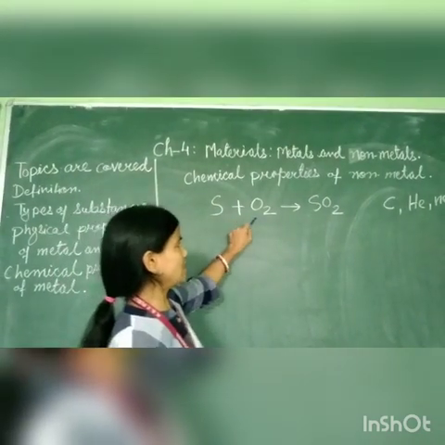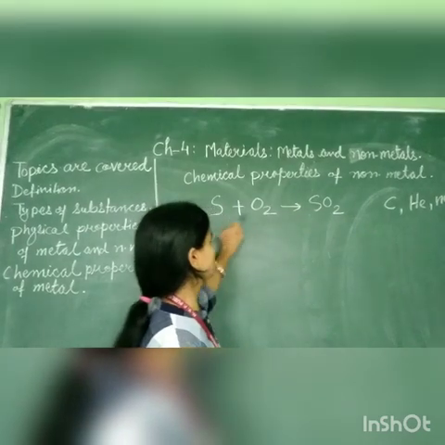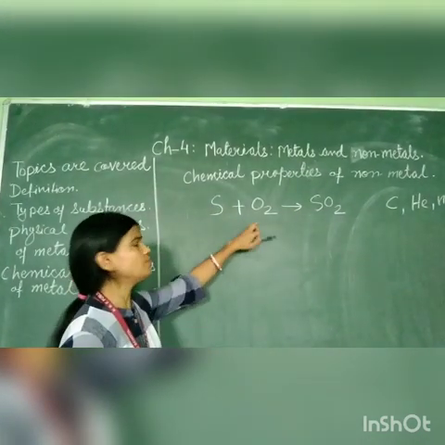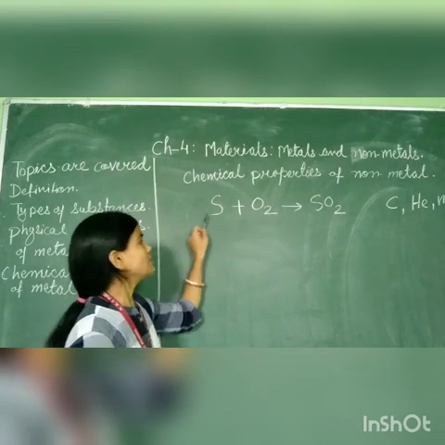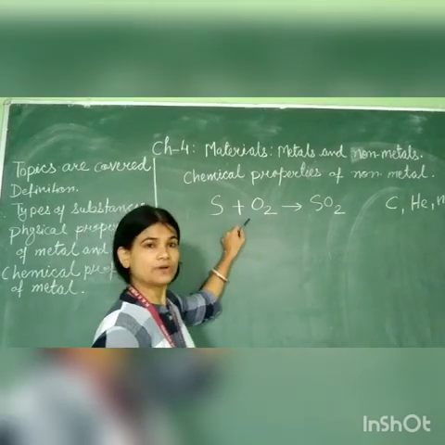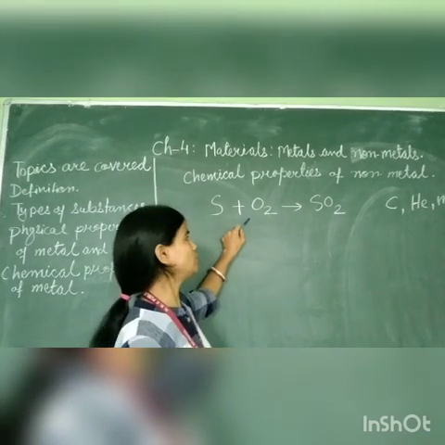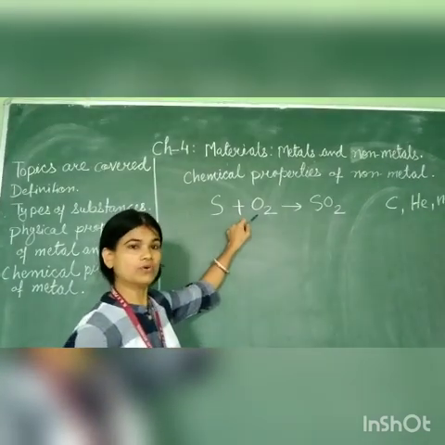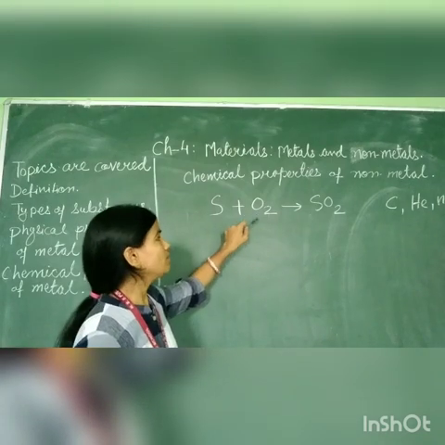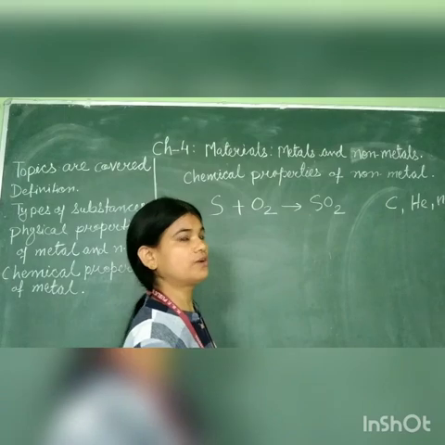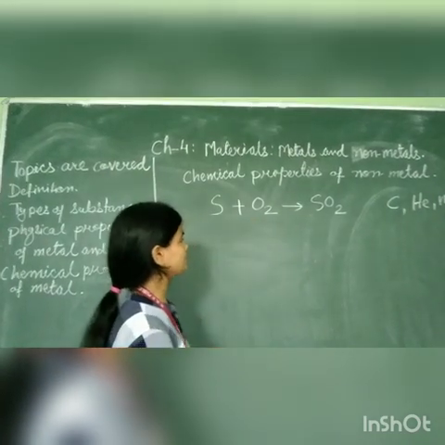Sulfur makes sulfur dioxide when it reacts with oxygen. This reaction does not happen at room temperature. It means sulfur does not react with the oxygen of atmospheric air; it needs extra temperature, a flame, meaning fuel, to react with the oxygen.